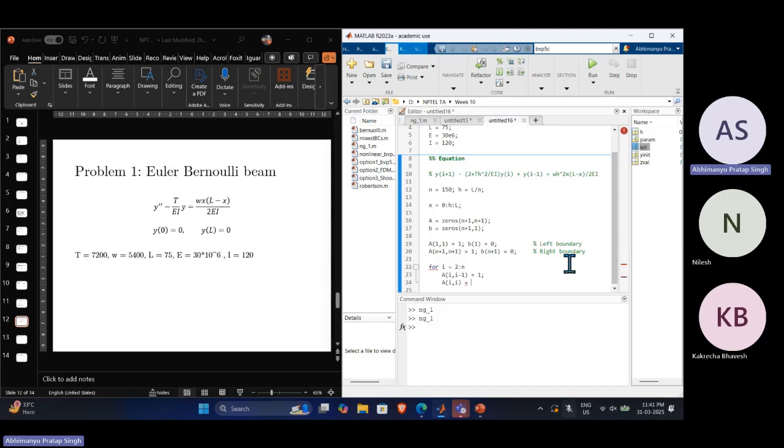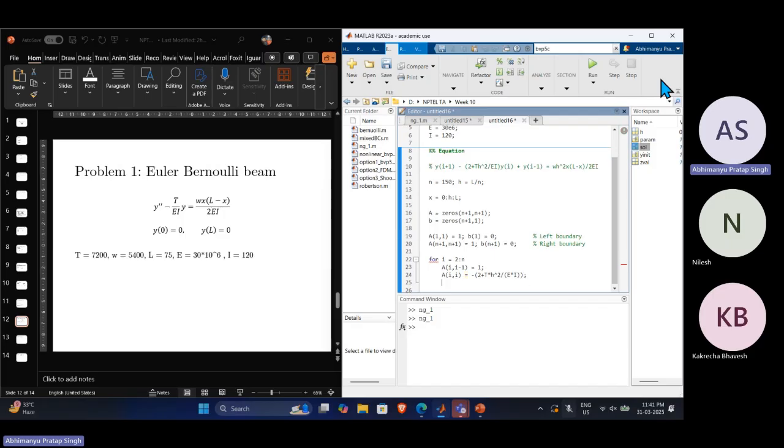This is this term, so that is minus 2 multiplied by 2 plus t multiplied by h square, and then divided by EI. The next term is the I plus 1th term, that should be plus 1.